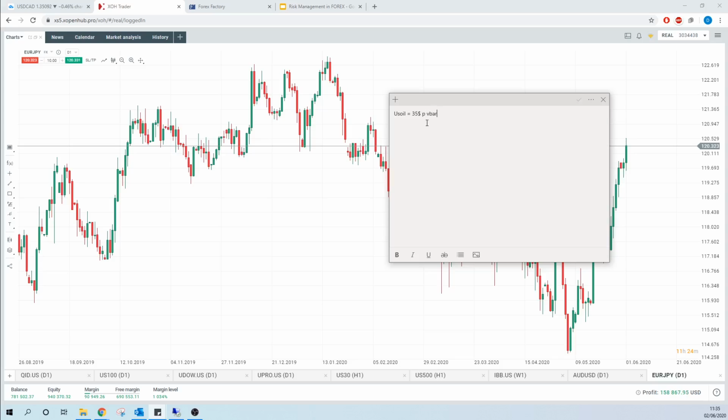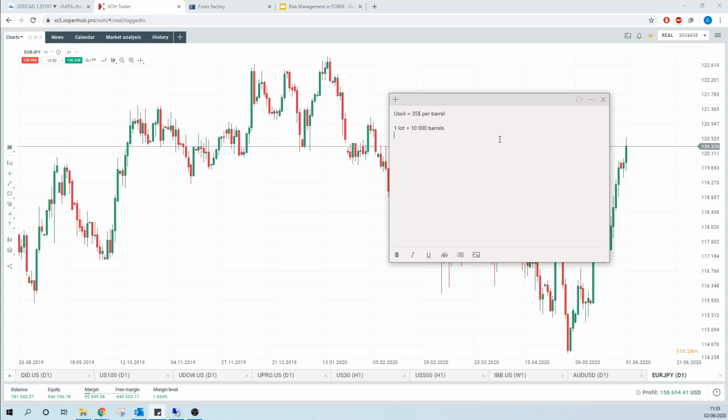So for instance, most brokers, I mean retail brokers, offer 10,000 barrels for one lot. So what's a barrel? I think everybody knows, just a kind of metal tin where you carry the oil.